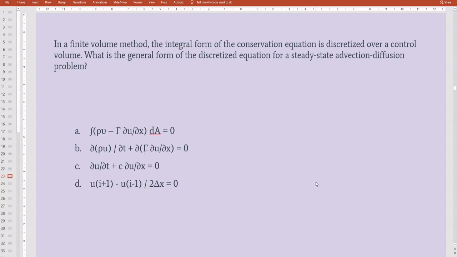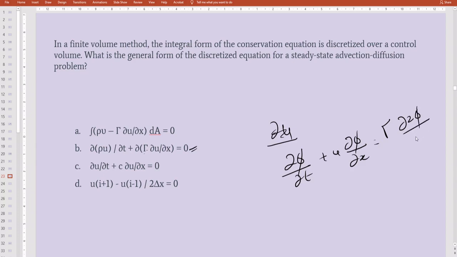Yes, our answer is Option B. An advection diffusion equation is mostly del phi by del t plus u del phi by del x is equal to the diffusion coefficient times del square phi by del x square.